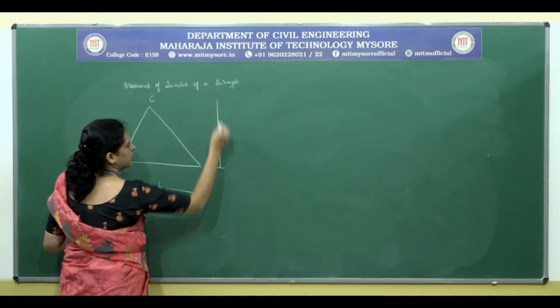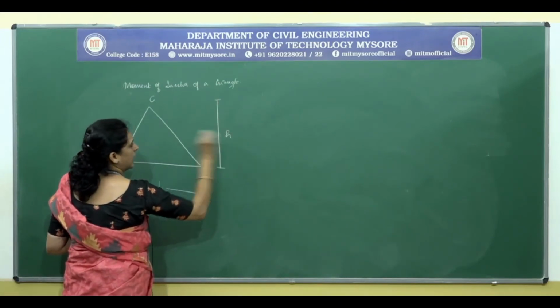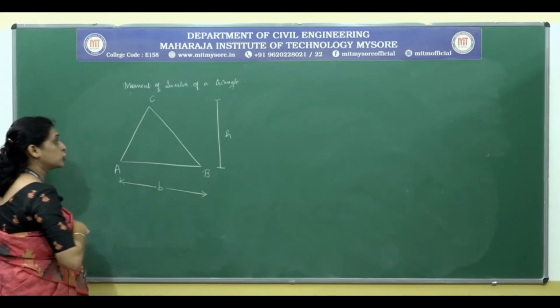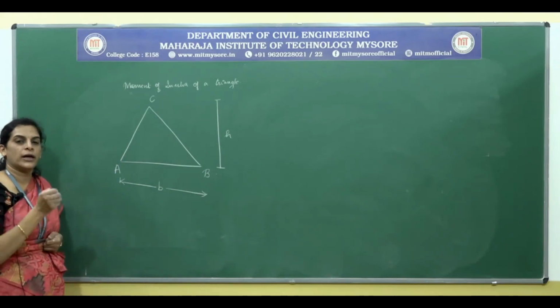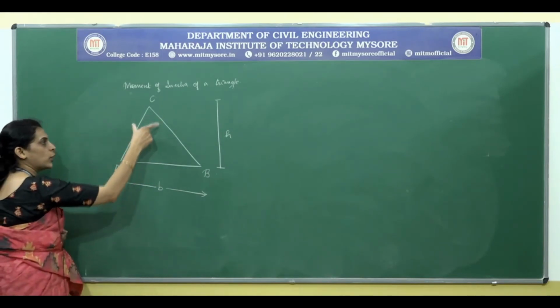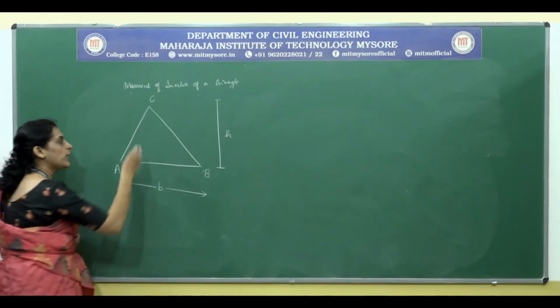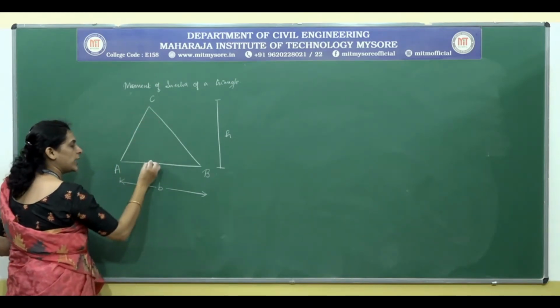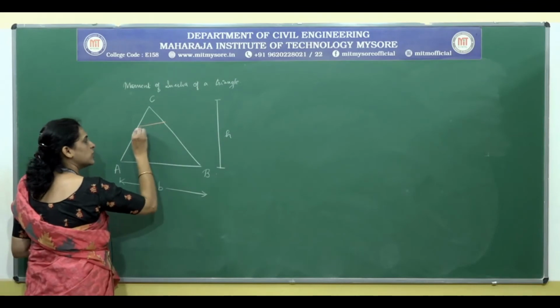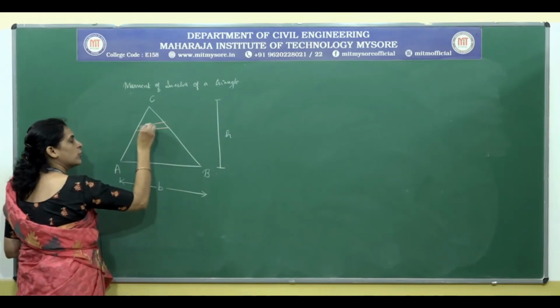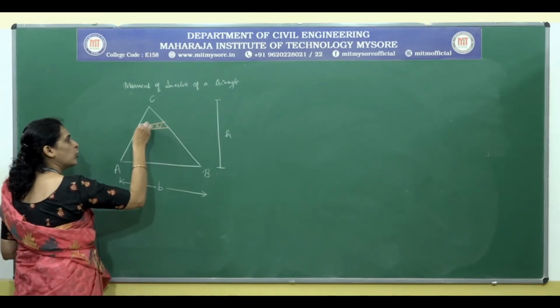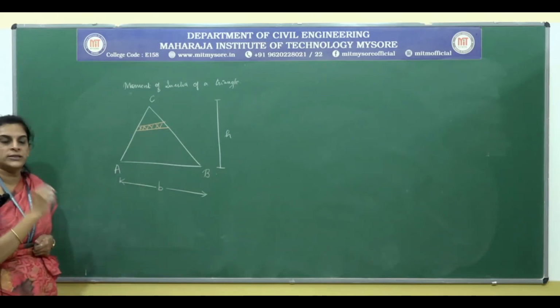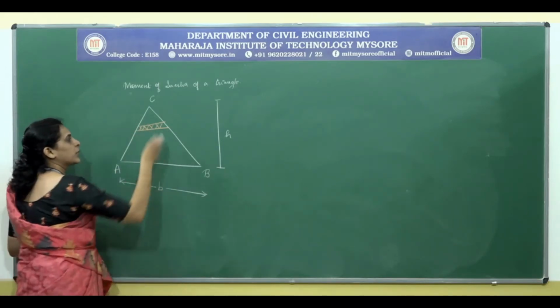height represented as h. So now to find out the expression for the whole triangle, we shall divide the whole area into small strips, of which for deriving we will consider one such small strip.